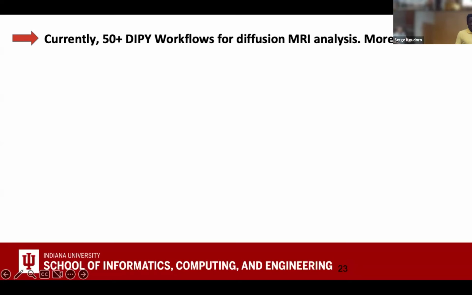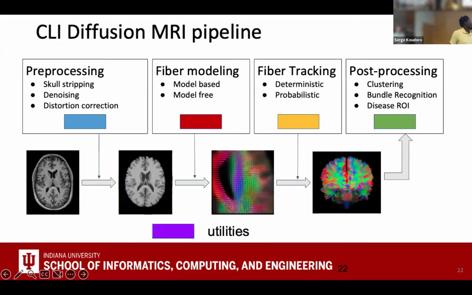Okay. So just as a reminder, this is the full pipeline. Every software follows this pipeline. There is no exception: pre-processing, fiber modeling, fiber tracking, and post-processing. I will emphasize that to me, and I think in general, the most important step and the most complex one is the pre-processing one.